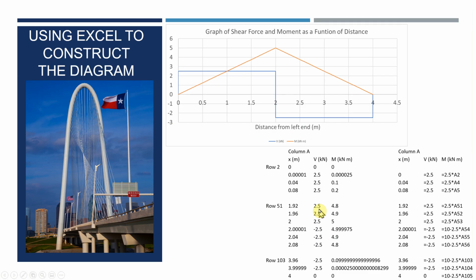Okay. Now I did this in Excel also, and here's the Excel spreadsheet. Just to program in, here's the equations. So moment equals 2.5x going up. And I did this kind of thing where I go from 0 to a very small number so that we get a vertical line straight up.